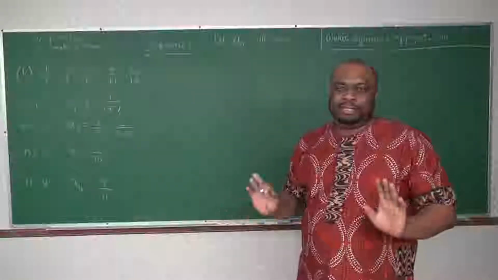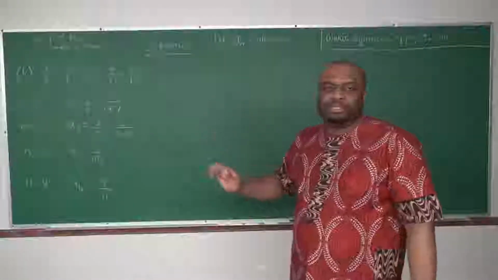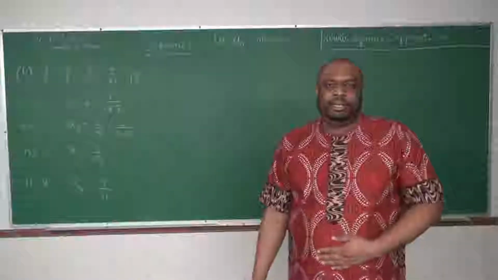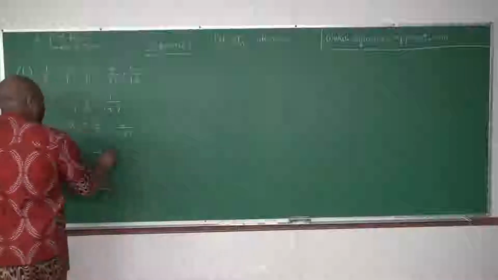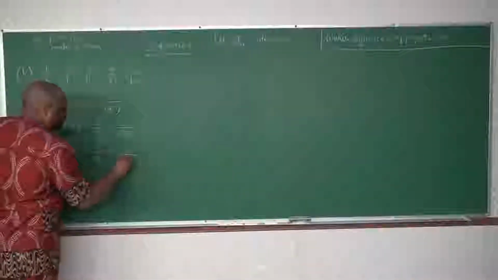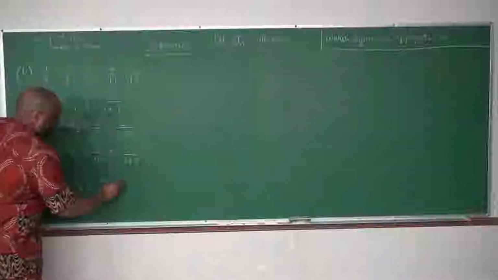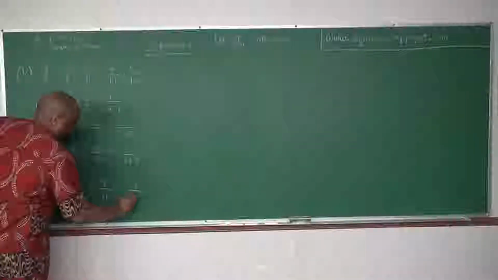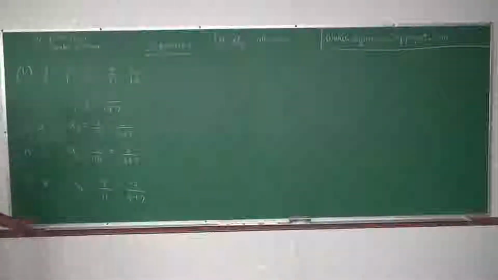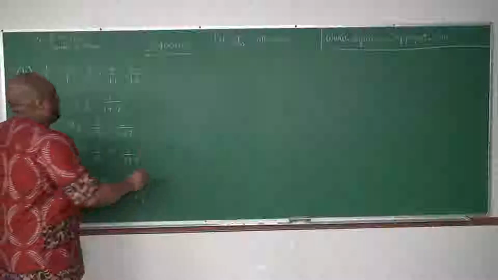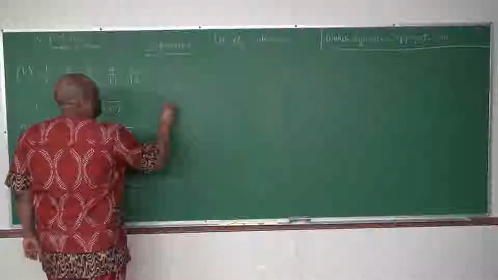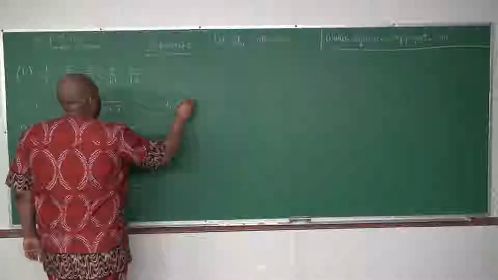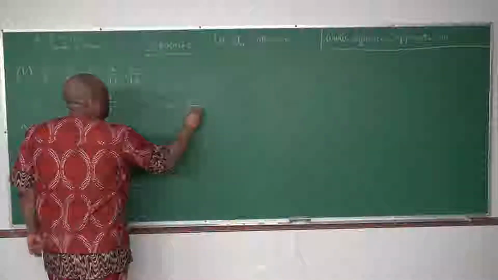That is what they want to test you on here, for you to be able to observe it. As you can see here, this is 3 over 3 plus 7. This is 4 over 4 plus 7. So in that case, when n is n, the nth term, a subscript n, is n over n plus 7.